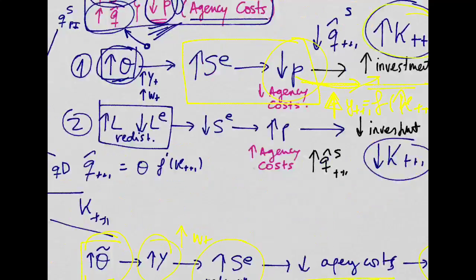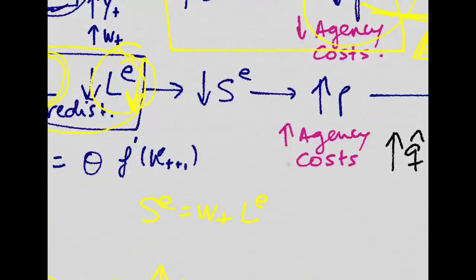Now imagine we have another case. We have a redistribution of the labor endowment from the entrepreneurs to the lenders. So the labor of the entrepreneurs goes down. That basically means that the wealth of the entrepreneurs is going to go down because they're able to work less.